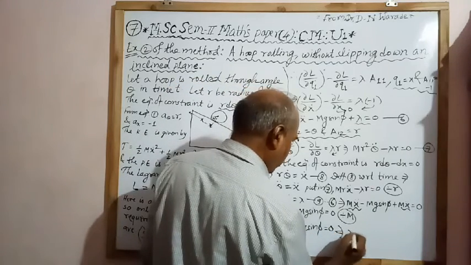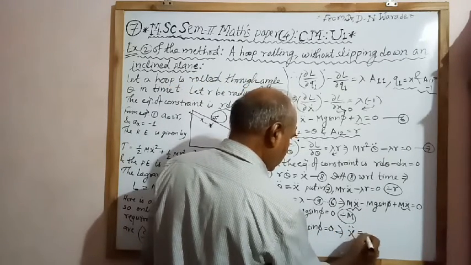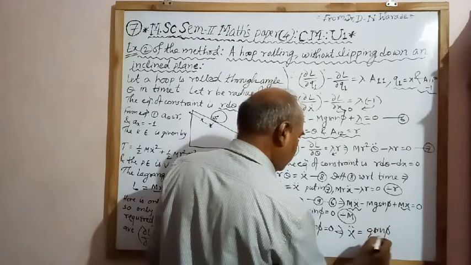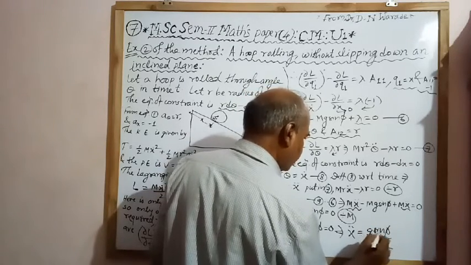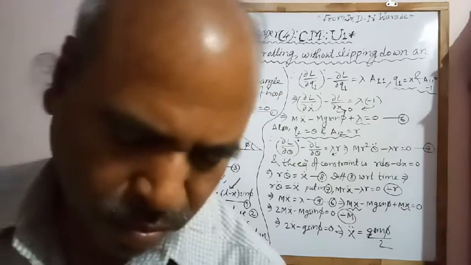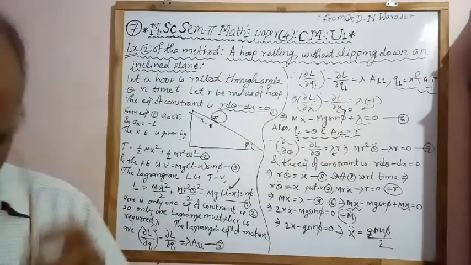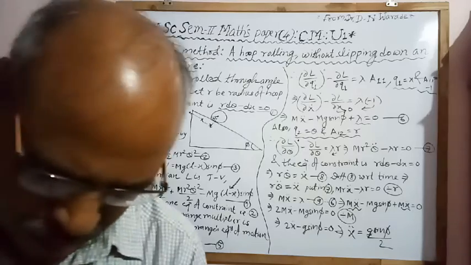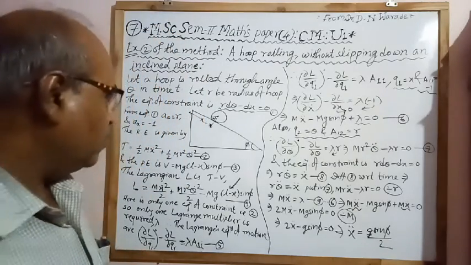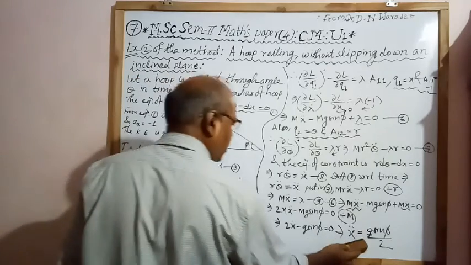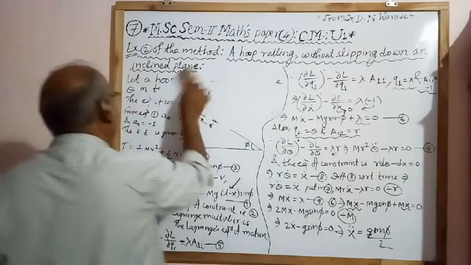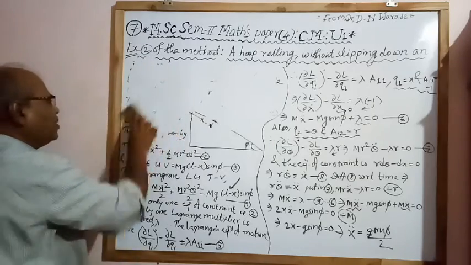From this we obtain x double dot equal to g sin phi divided by 2, which gives the acceleration of the hoop along the inclined plane. Here d square x by dt square gives the acceleration of the hoop.